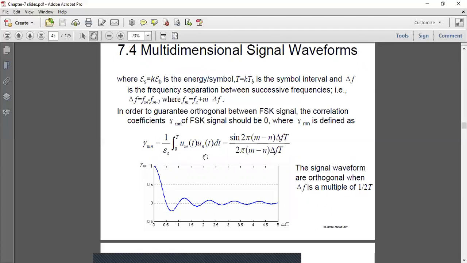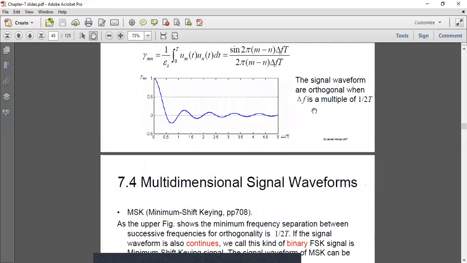Taking this one, this is the correlation coefficient expression gamma mn, where we have the Um signal and then the Un signal. This is the final expression for the correlation coefficient. If we want this to be 0, then delta F should be a multiple of 1 by 2T. So delta F should be 1 by 2T.